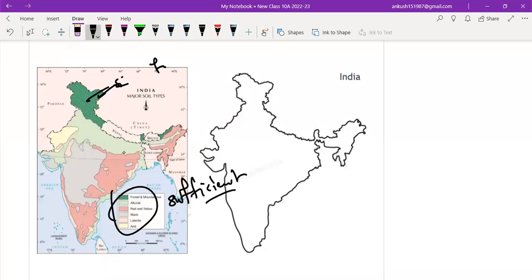But suppose there is the political map of India, and you have to tell where Amritsar is. So Amritsar is somewhere here, and you need to point it out properly. You have to draw a line over here and write Amritsar there, and if some incident is asked, like Jallianwala Bagh, you need to write Jallianwala Bagh massacre, Amritsar, 1919.